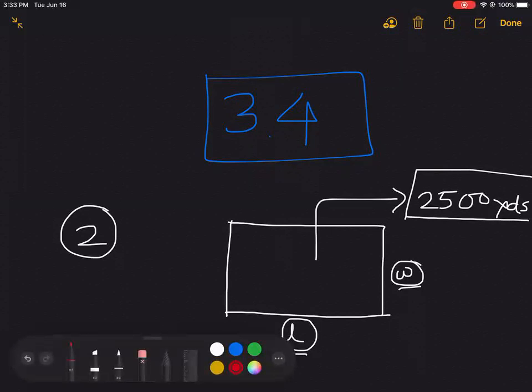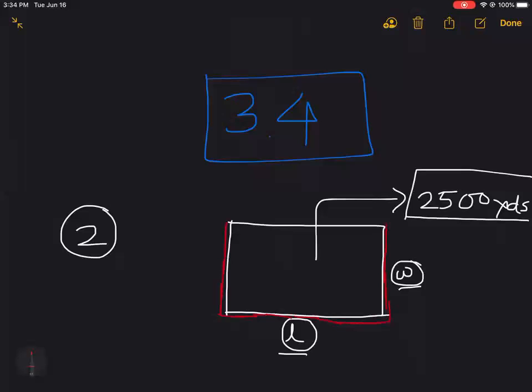If you are trying to enclose a field or anything like that, you use fence on the perimeter only, not the entire area. Like this, I'm using red color for it. That's the fence in red color. You can see that's only taking all the length.